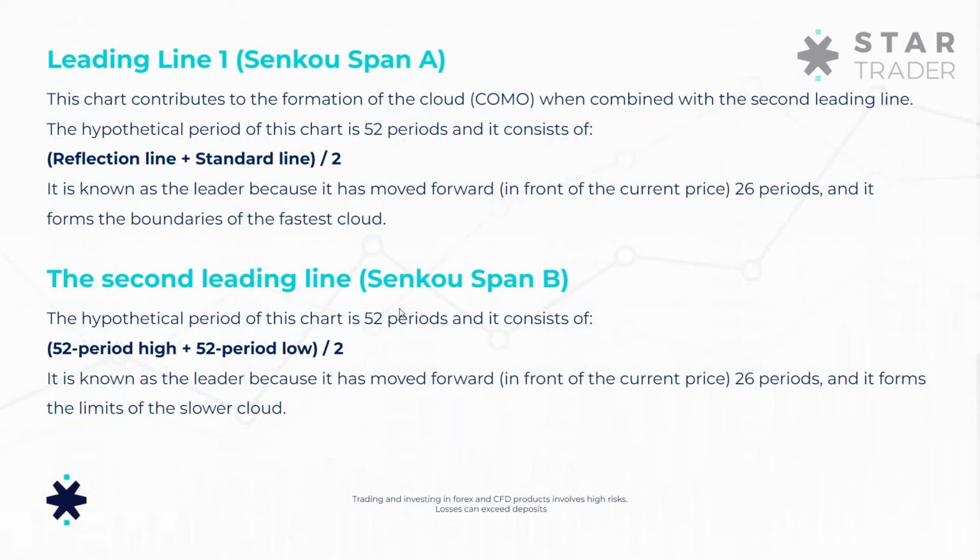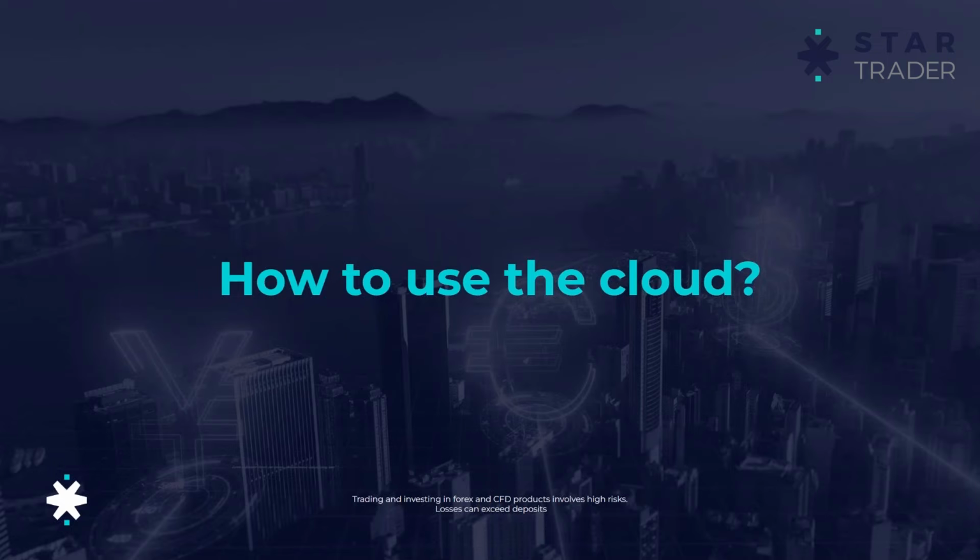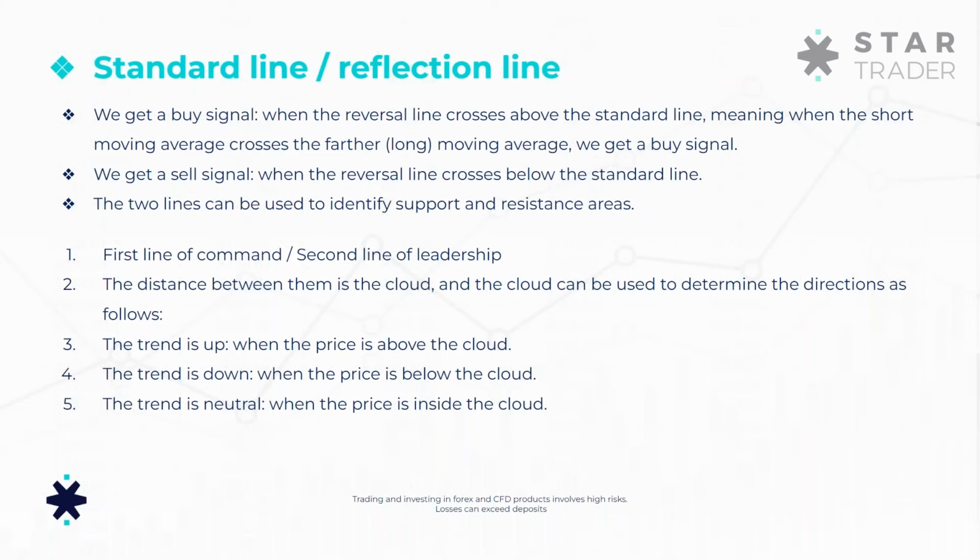So these are the formulas to calculate the future, whether the market is going for bullish or bearish momentum, right? Coming towards the cloud, how to use the cloud. Well, I told you about the cloud. The cloud has two basic lines, the leading line A, span A, and leading line 2, span B, right?